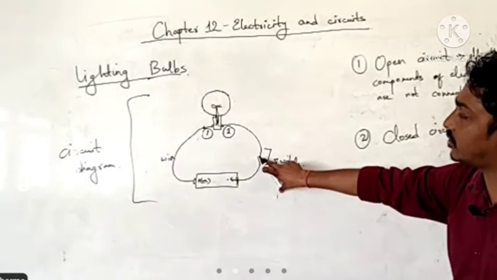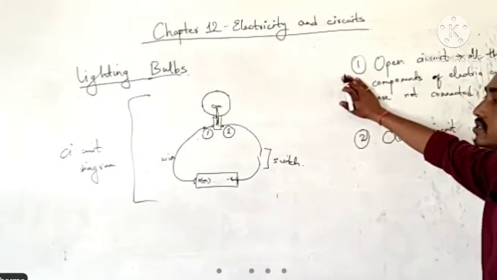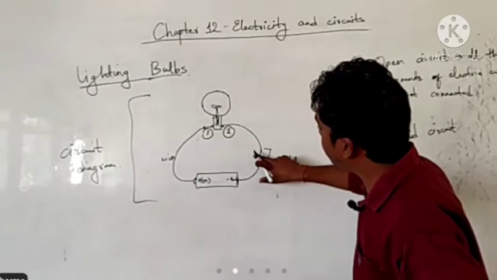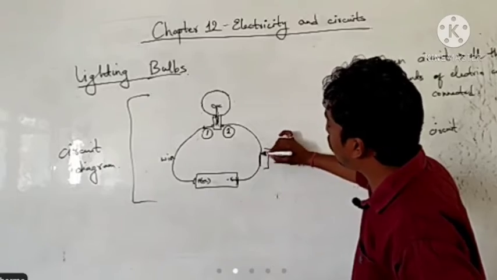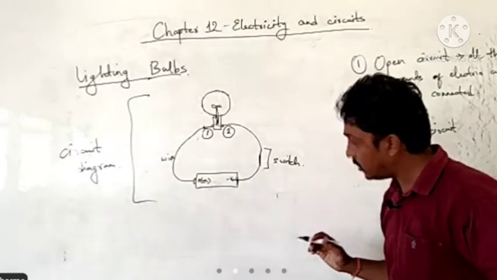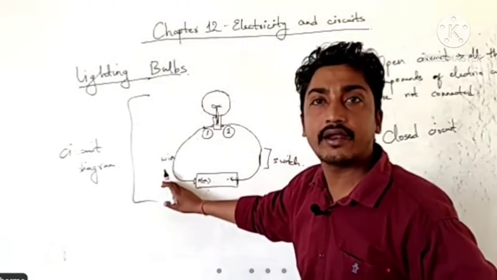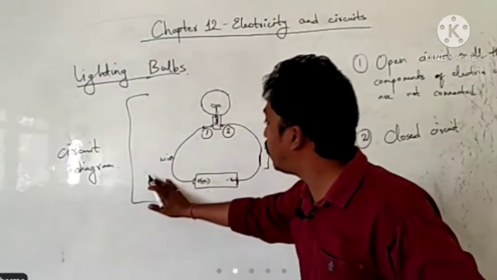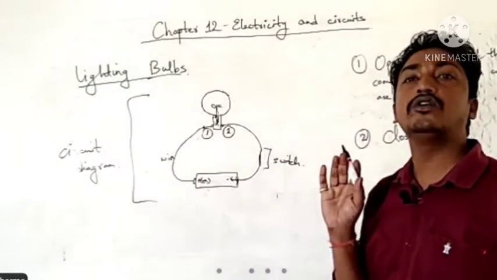If the switch is not connected, the bulb will not glow, and that type of circuit is known as an open circuit because it is open here. Not only here: suppose the circuit is closed and the switch is on but the bulb is still not glowing, then there might be a problem in the battery cell, in the wire, or in the bulb. So if there is a defect in the bulb, the wire or the battery, then the bulb will also not glow.